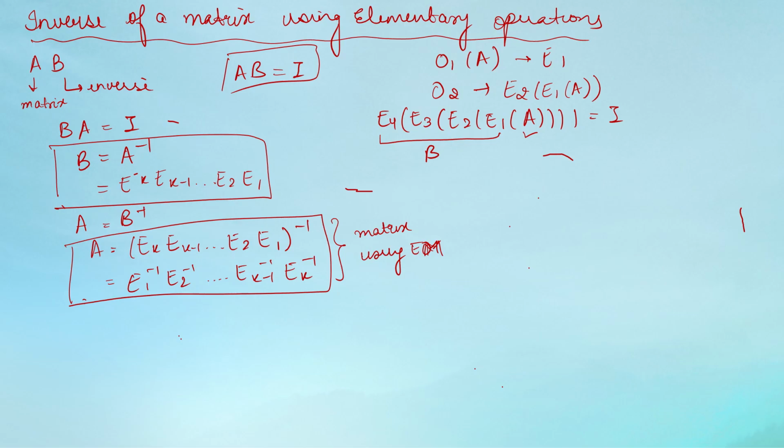If this is clear, we'll move forward with a question. In the question, we are saying find the inverse of a matrix A and express A as a product of elementary matrices. So the question is A is equal to 1, 2, 2, 0, 1, 4, 0, 0, 1.